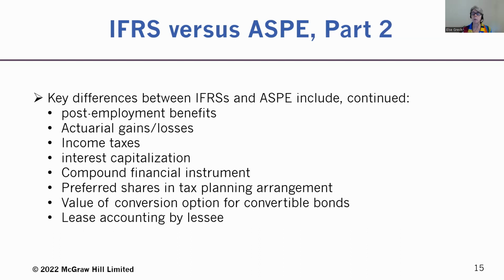Other differences include how income taxes are reported. IFRS requires the deferred tax method, but ASPE allows either the taxes payable method or the deferred method. So, as further noted on this slide, there are differences between the two standards.